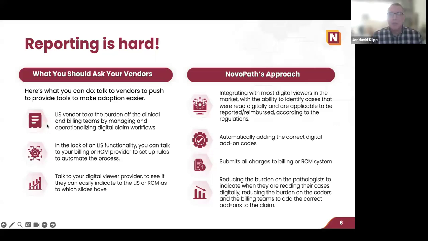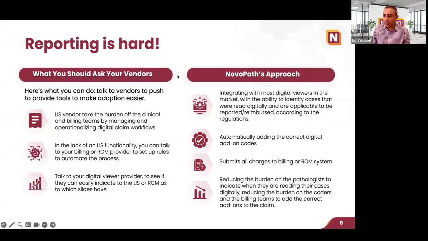Is there something in particular that makes the reporting difficult? So there are a number of things. I mean, definitely it's the tools that you're using that should help you report that and report it accurately. It's not just reporting; you have to know what you need to report. You have to understand all the regulation, and you have to be able to report that accurately from a number of systems. So you want to find out whether the cases that you're reading digitally are applicable to be reported.